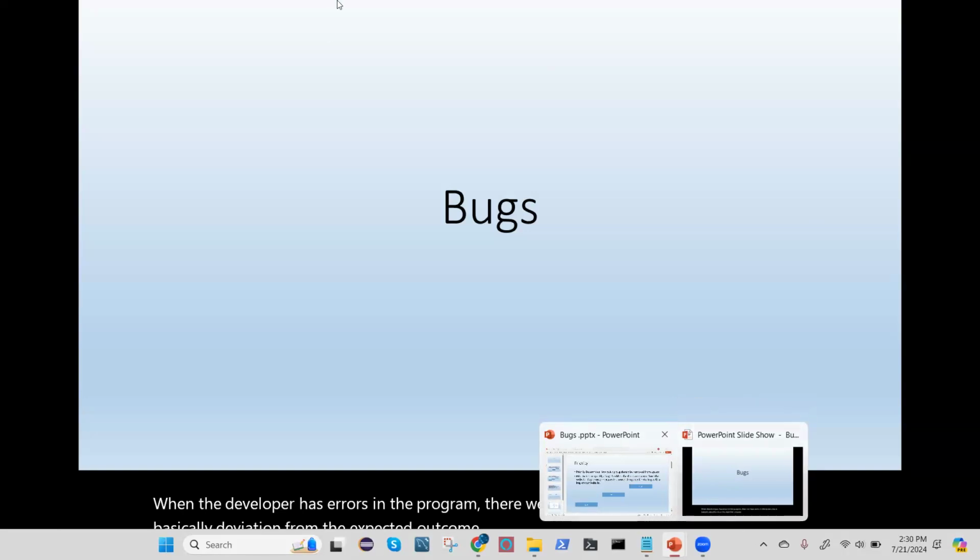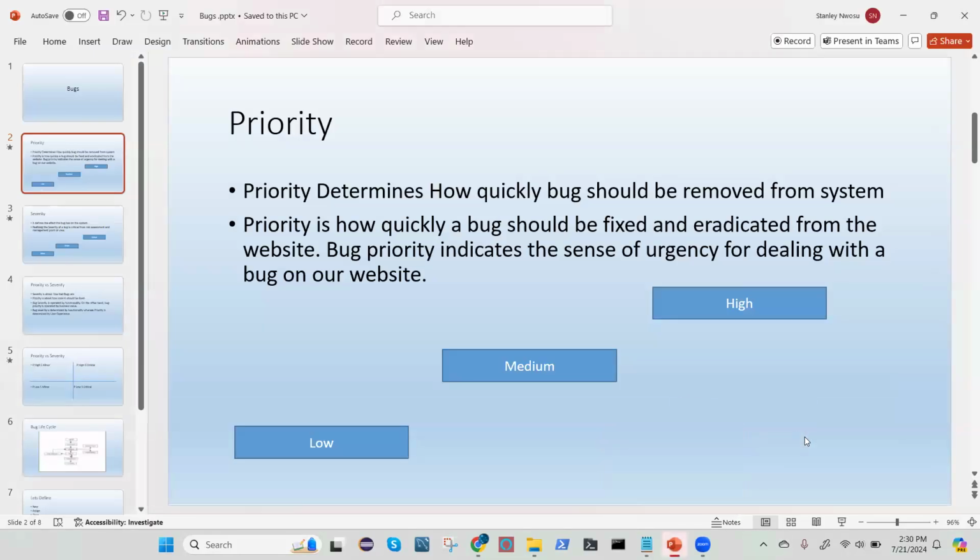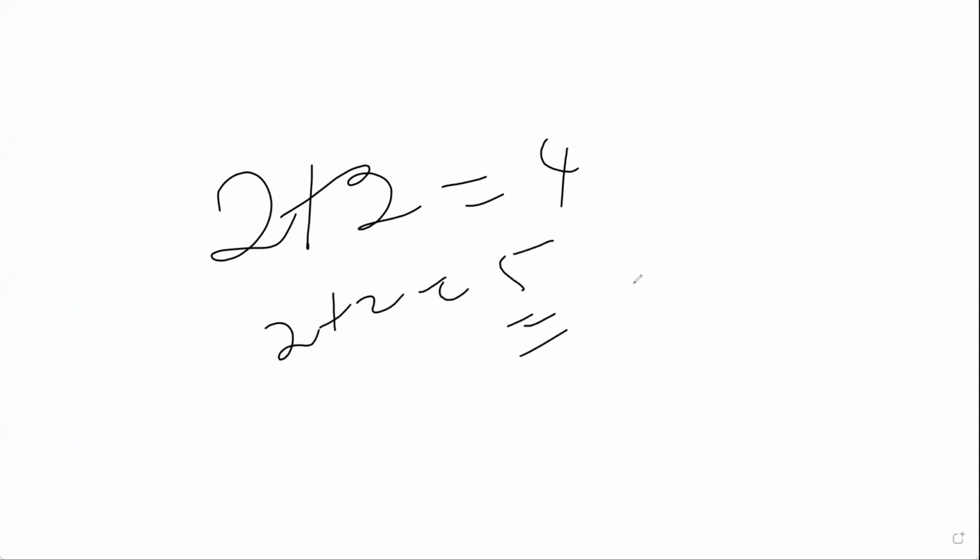If 2 plus 2 is supposed to be 4, but we're having 2 plus 2 to be 5, that's an error, that's a bug.